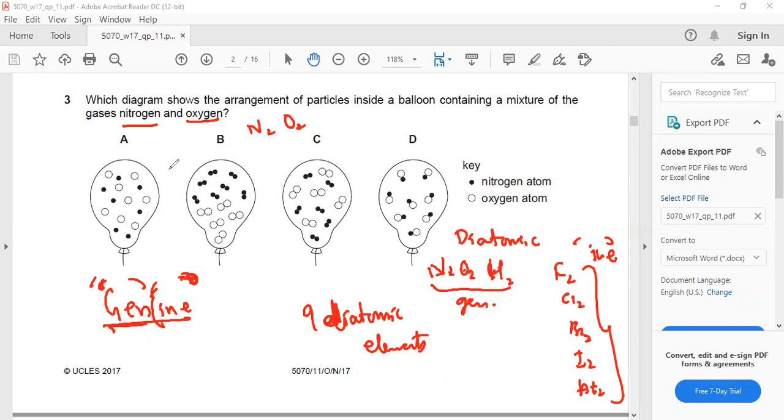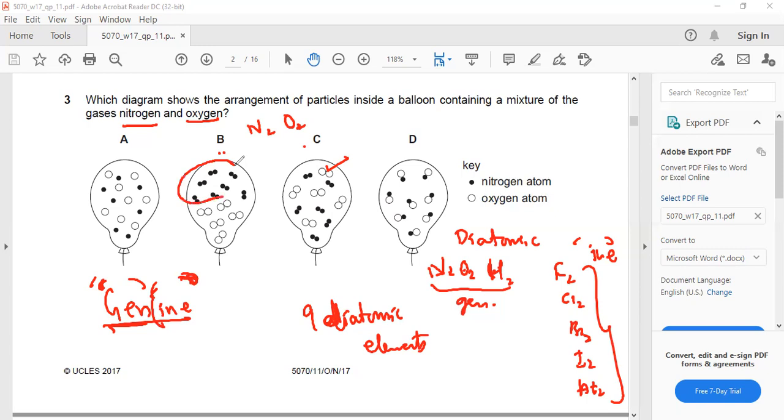So, which one is the answer? Nitrogen, oxygen, hydrogen. So, diatomic is C or B. Either B or C. B is wrong because B is ordered.